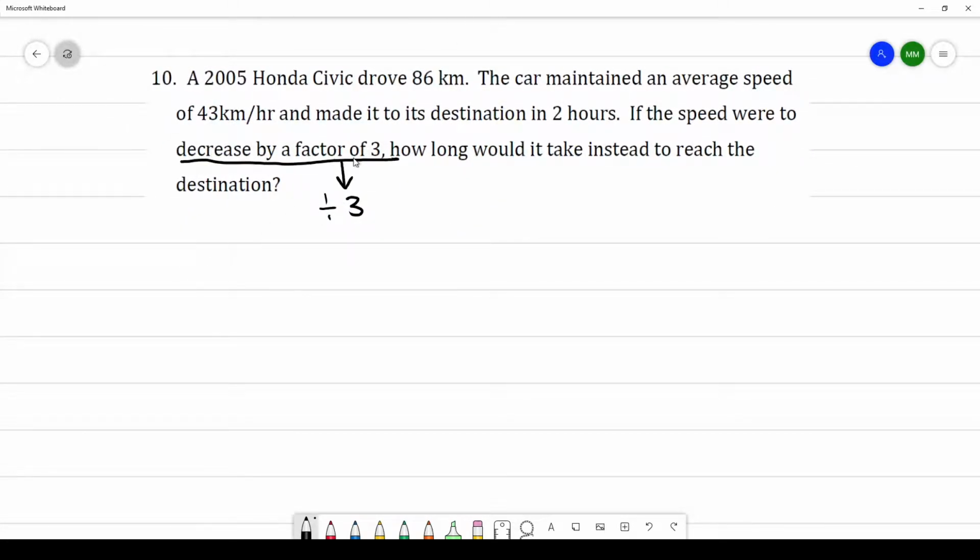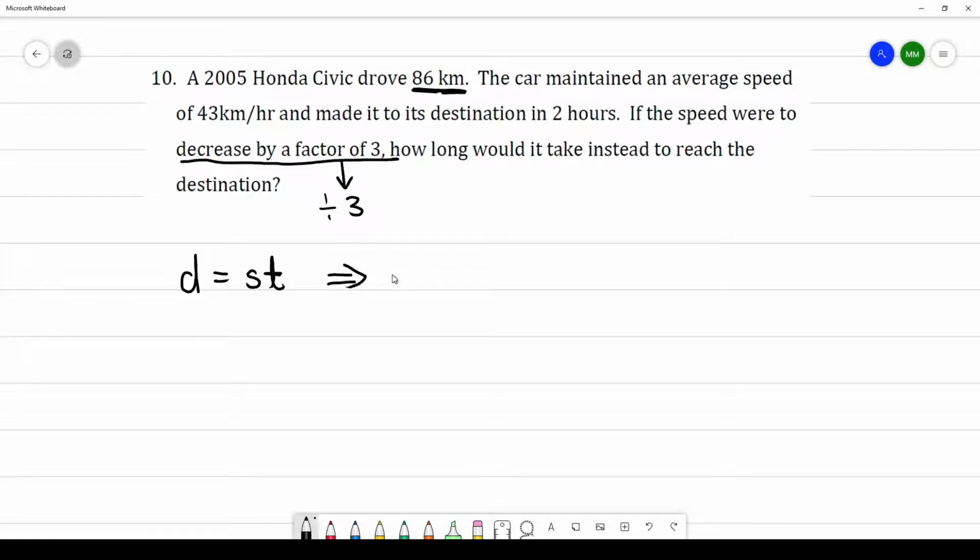So the formula for distance, I think all of you know, is speed times time, right? So the speed times the time is equal to distance. You see this multiplication over here, and you see that the distance is 86 kilometers. That one didn't change in the question. That means, what is this?